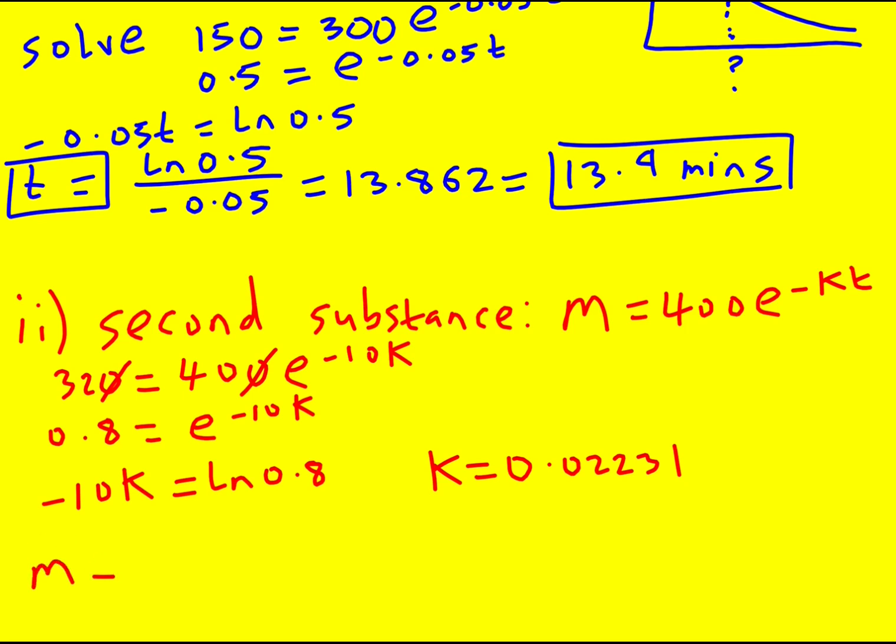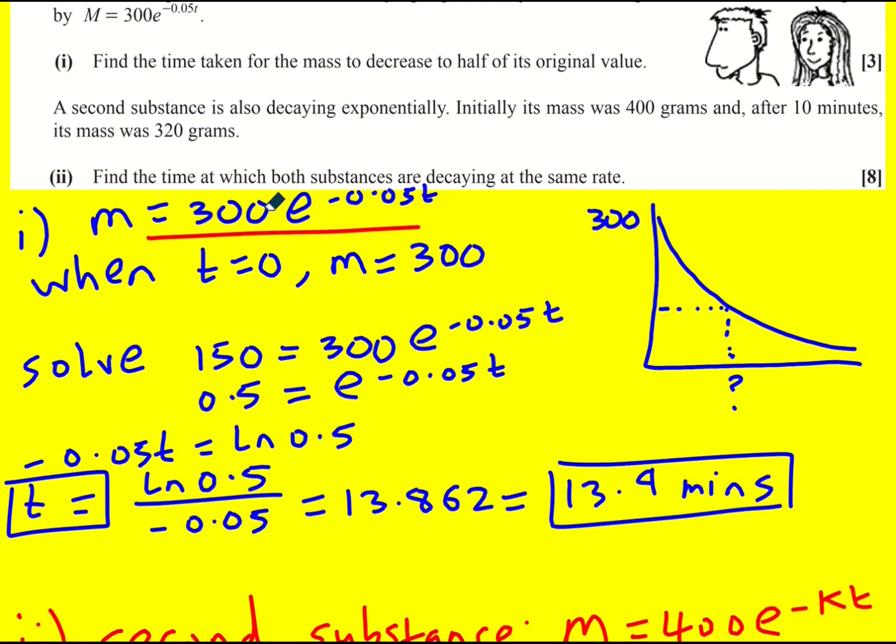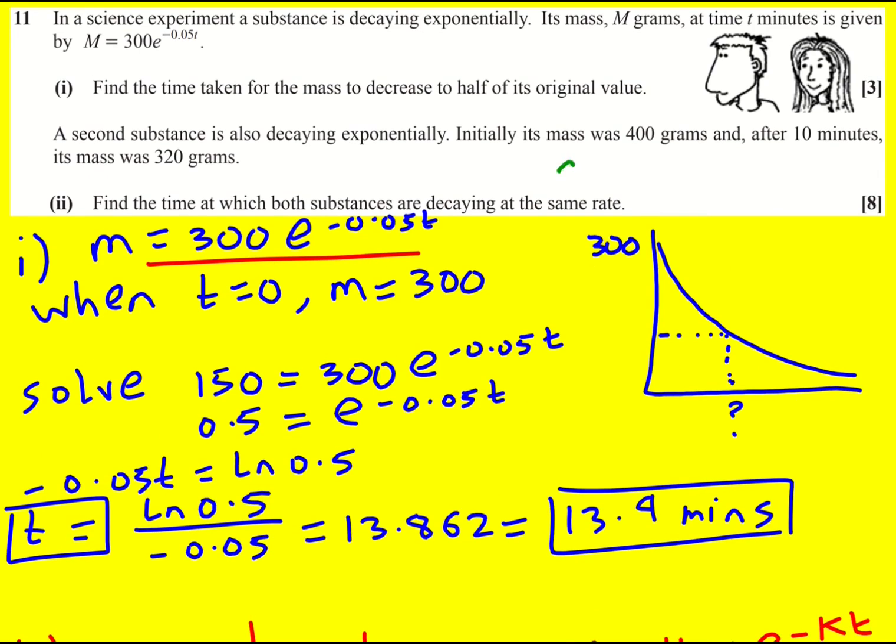So M for my second substance is 400 e to the minus 0.02231t. There is still more to do because remember it says find the time at which both substances are decaying at the same rate. So I can first find dM by dt for my first substance.